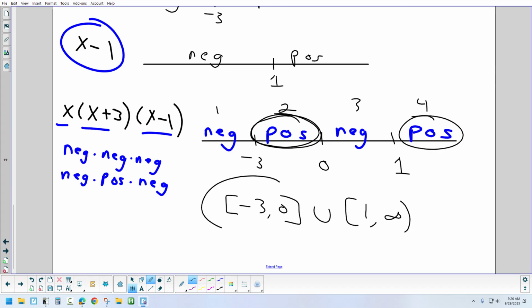Parenthesis, yeah. Remember, when we have an unbounded interval, we have to use a parenthesis, not a bracket on that. Okay, so that's how you solve that one. Any question on that one?